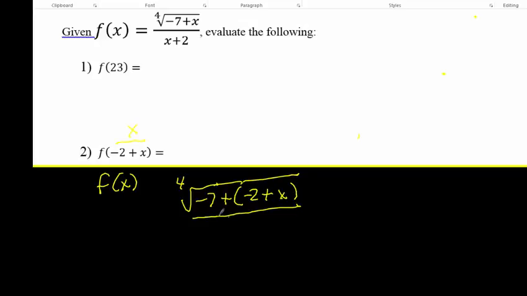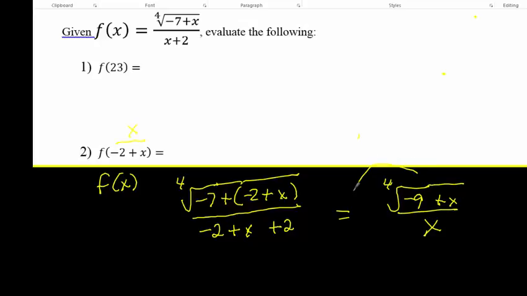And then on the bottom would be negative 2 plus x plus 2. So this is just going to become negative 7 and a negative 2 makes the fourth root of negative 9, and then plus x all over x, and that is as far as we can go. That's the answer for number 2.